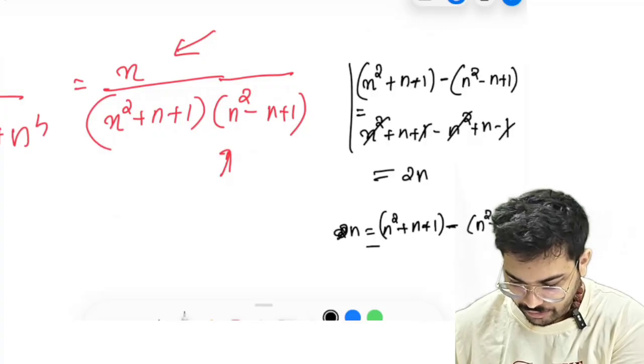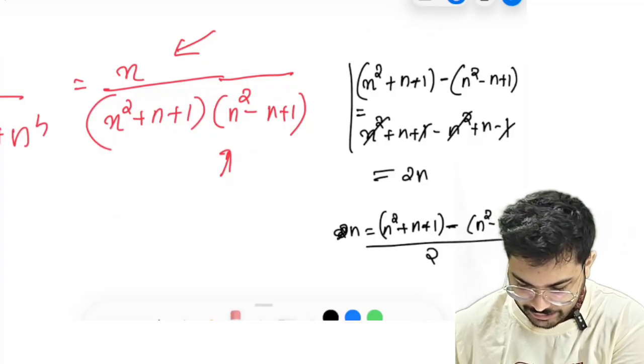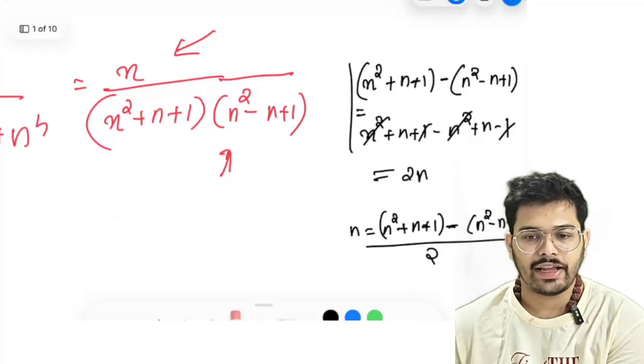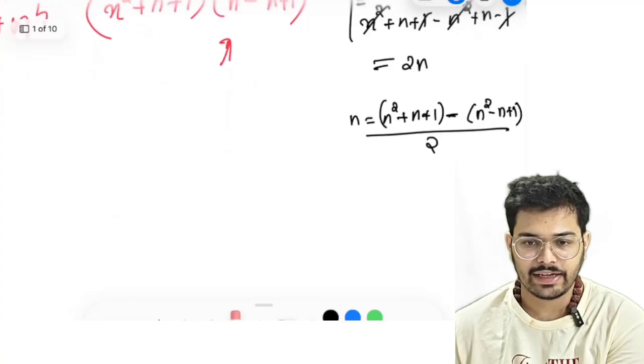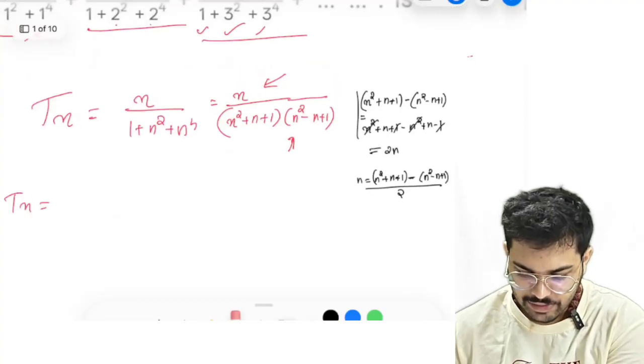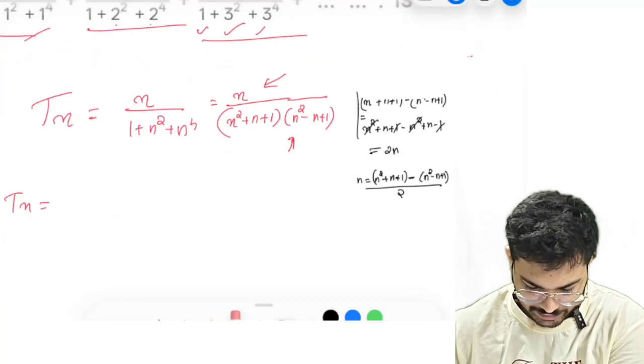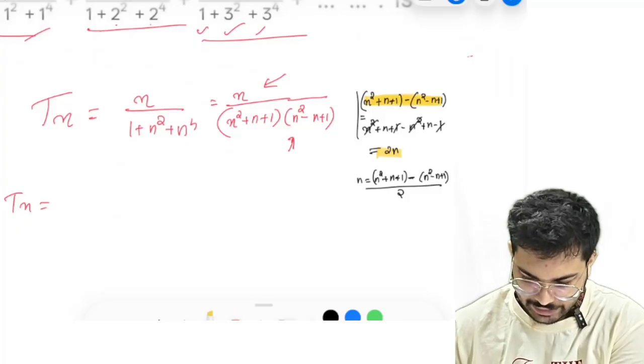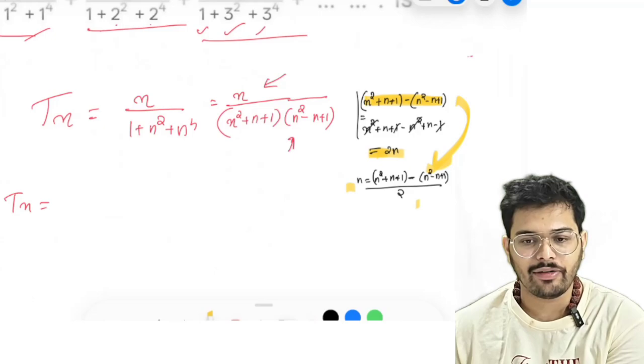Now, if you bring this 2 over here, you can substitute n as the difference of these two terms directly. Because when you subtract these two, you will get n. So this n, we will write equal to that, bringing this 2 over here.